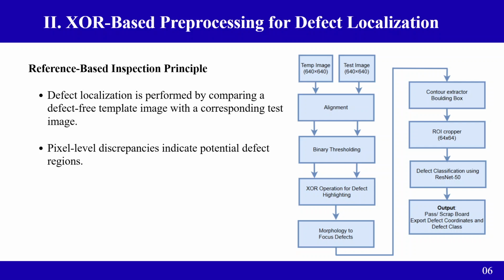So we use a reference-based method by comparing a defect-free template image with a test image, and pixel-level differences indicate the possible defect regions. This works well for bare PCBs because defects often appear as small changes on copper traces and paths.